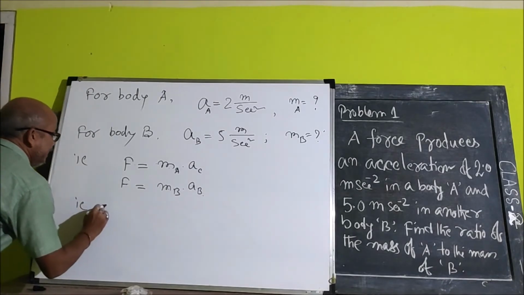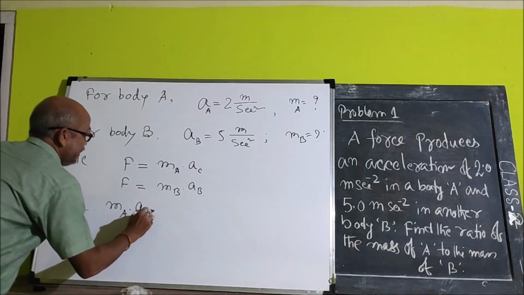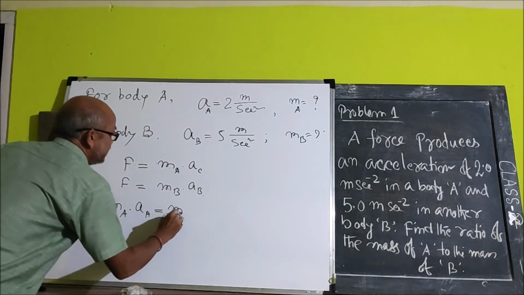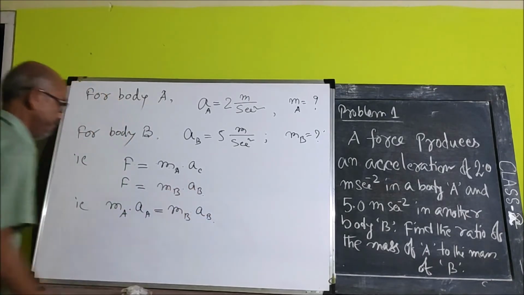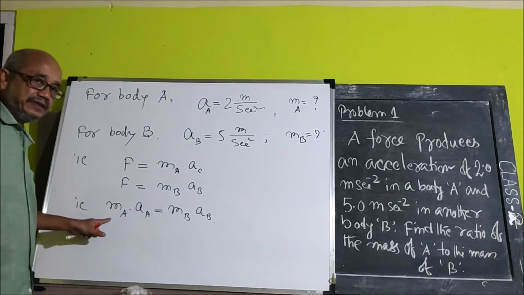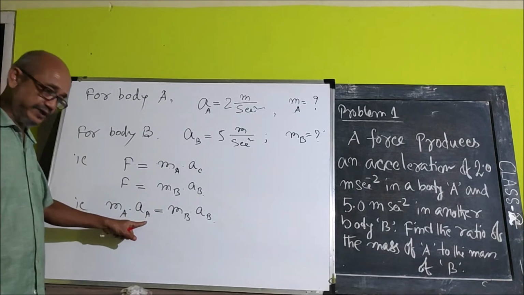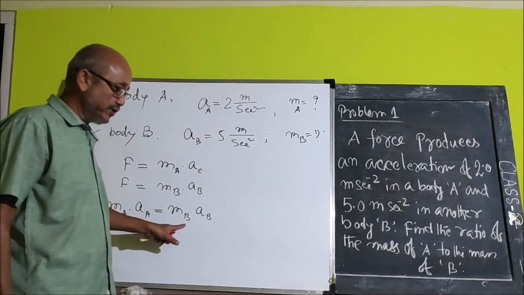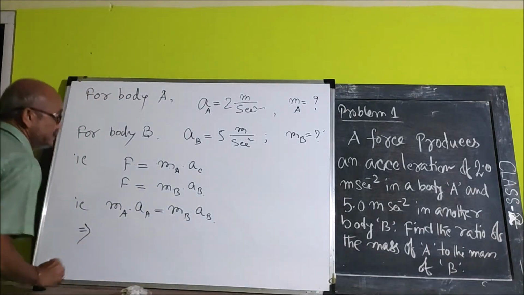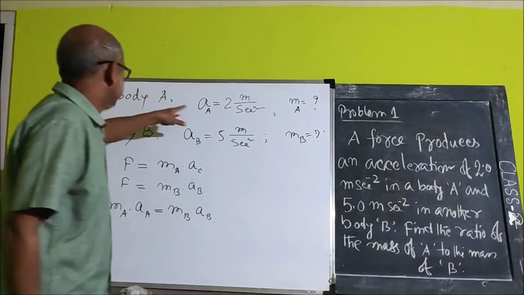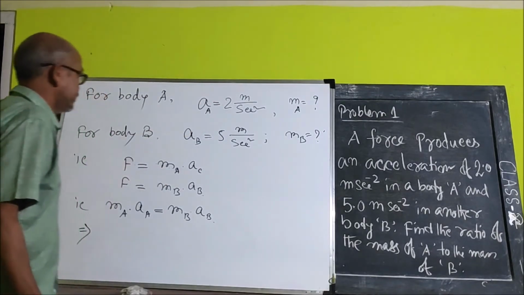That is m_A a_A equals m_B a_B, where m_A is the mass of A with acceleration of A, and m_B is the mass of B with acceleration of B. Now put the values. Acceleration for body A is 2 meters per second squared.